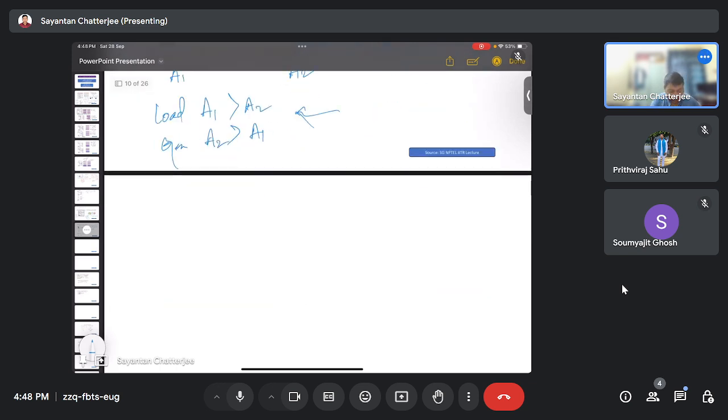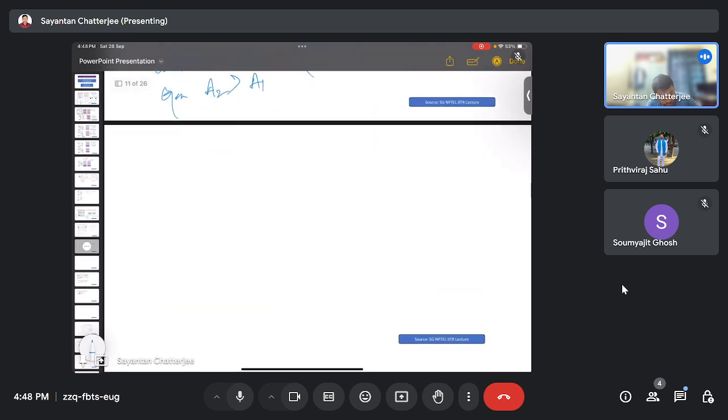So here we need to keep track of the interactive current. Okay. This is the common current which is flowing between these two systems.